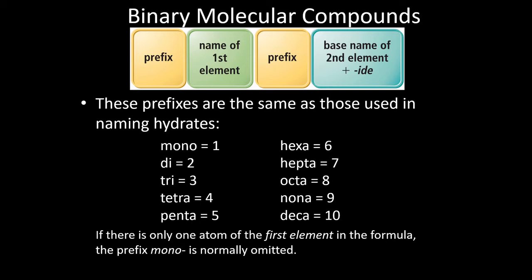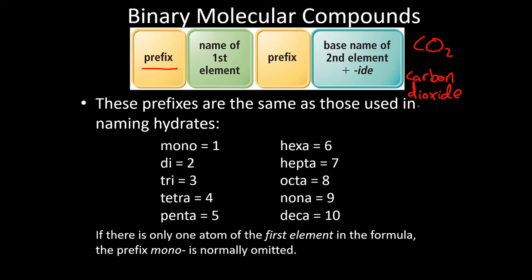Now there is one exception to this rule, and that is for the first prefix here. So the first element always needs a prefix, with the exception of if you only have one of that first element. So a molecule you're very familiar with, CO2, that is carbon dioxide.